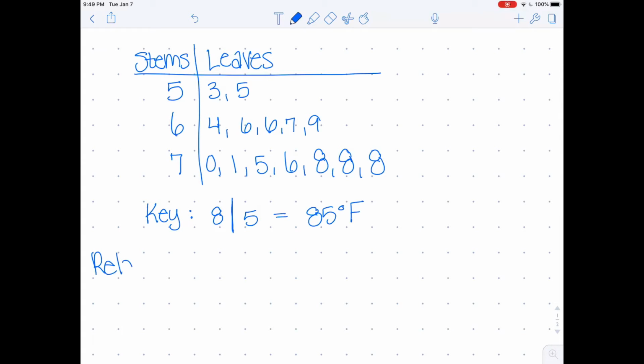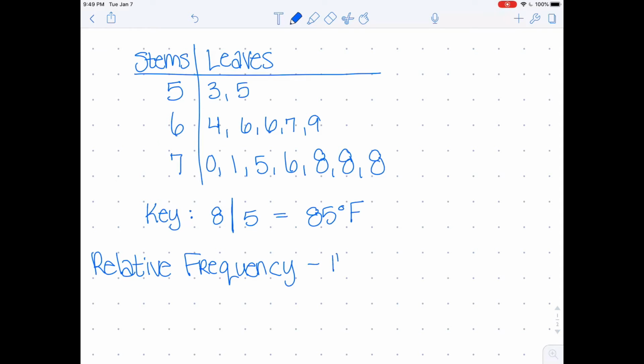So relative frequency. If you think about the word frequency, it comes from frequent, which means like happens often.